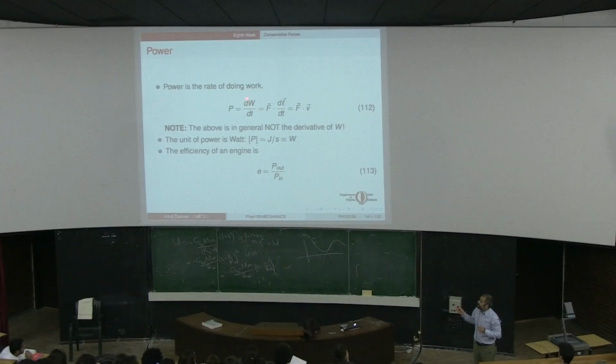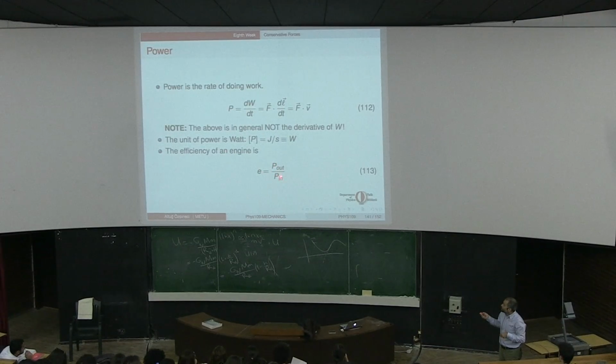But for 1 rotation, the work done is constant, but you are decreasing dt, so you are increasing the input power. If you assume that the efficiency is more or less the same, if you increase input power, you are increasing the output power.